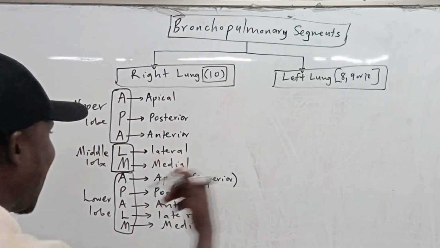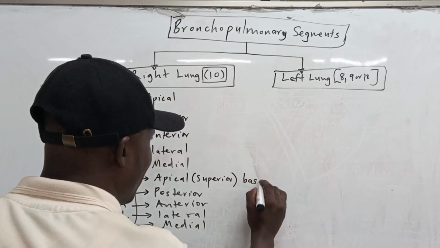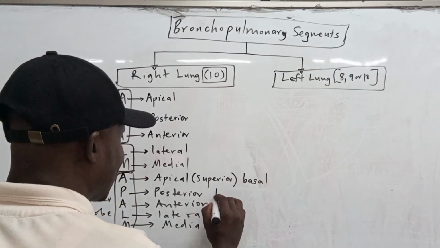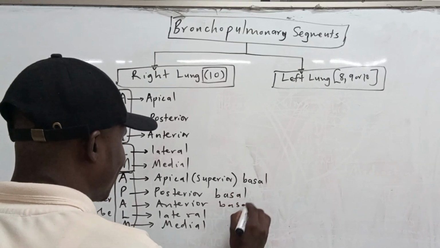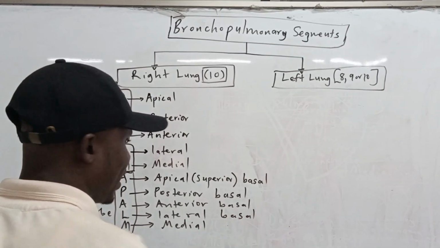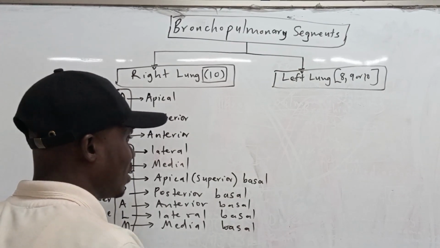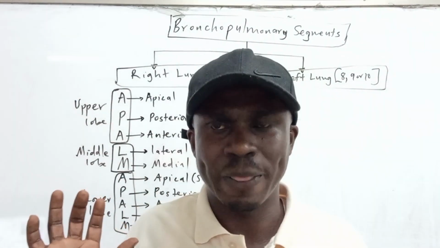That is why we will add to it apical or superior basal bronchopulmonary segments. The same posterior basal, anterior basal, lateral basal, and then of course medial basal bronchopulmonary segments. So that is what we have to know.